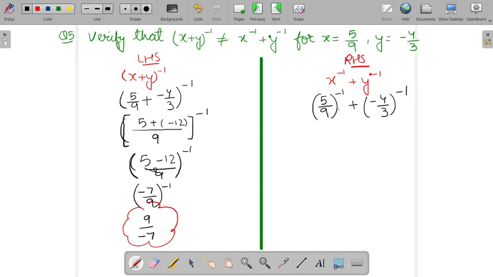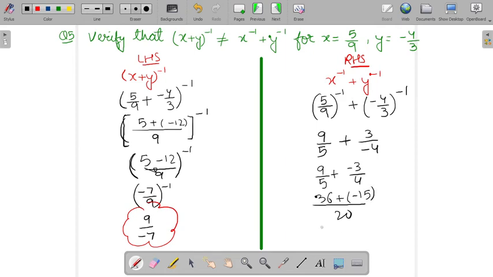Now what will you do? You will find the reciprocal of 5 by 9 first. So it would be 9 by 5. Now remember, you will not put the reciprocal sign because we have already taken the reciprocal here. Plus, now go for this, so it would be 3 upon minus 4. Now, since you have to solve it further, the denominator should not be negative. So in the next step, you will take the negative to the upper side, find its LCM 20, so 36 plus minus 15.